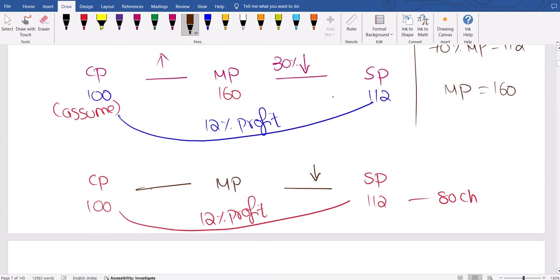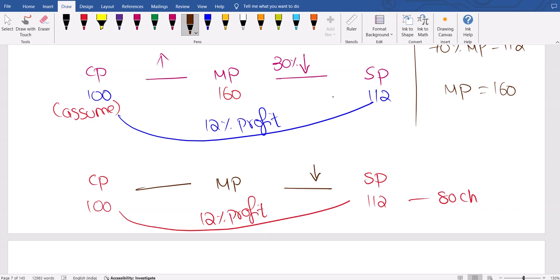Yeah, this is 160. Wait, so 80 chocolates cost 112. So we have 20 chocolates gone. Wait, one moment. The discount should be changed. The marked price should be different, because instead of changing the marked price, we are going with this.